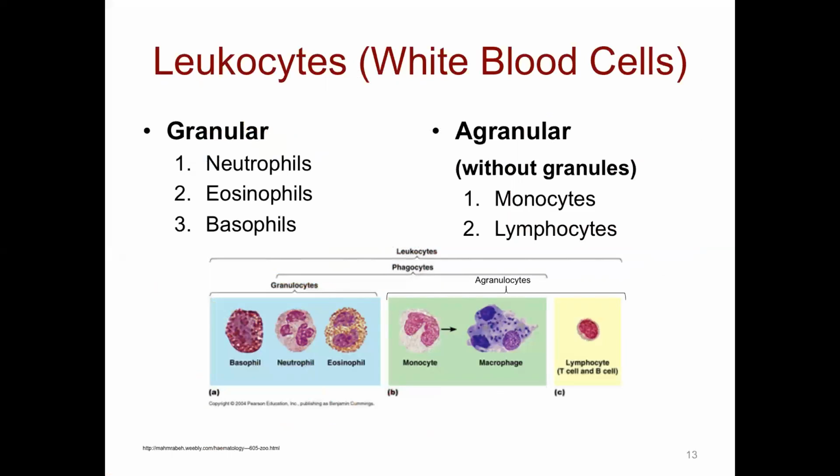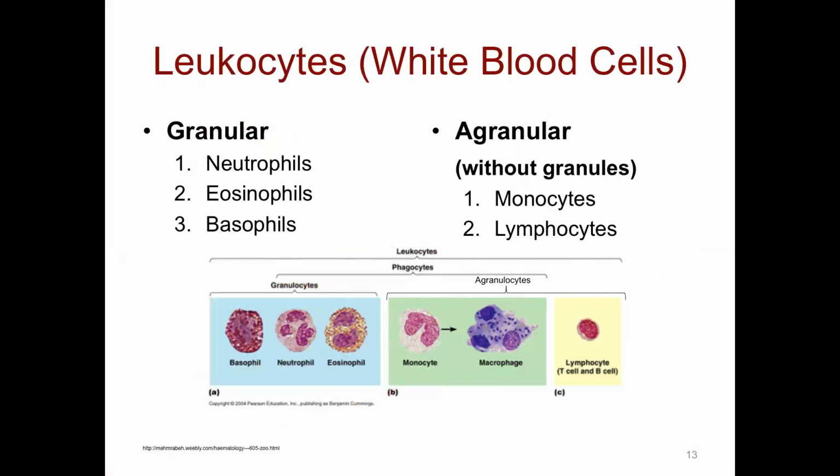Now, with leukocytes, remember, these are your 5 classes of white blood cells. And remember, an overall theme is that these cells help defend you in different ways, okay? With our white blood cells, we have 2 main flavors.